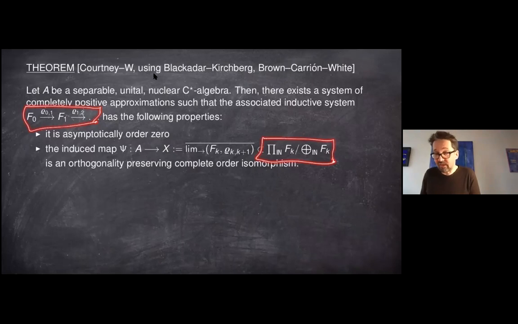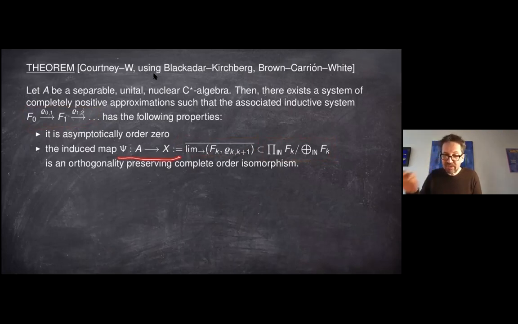It's not a C-star subalgebra in general, but you can think of this as a subspace. Okay. And you can take the norm closure where you take the norm of this C-star algebra. Okay, and then you have an induced map coming from the downwards map psi_k to F_k. You have an induced map from A to X.